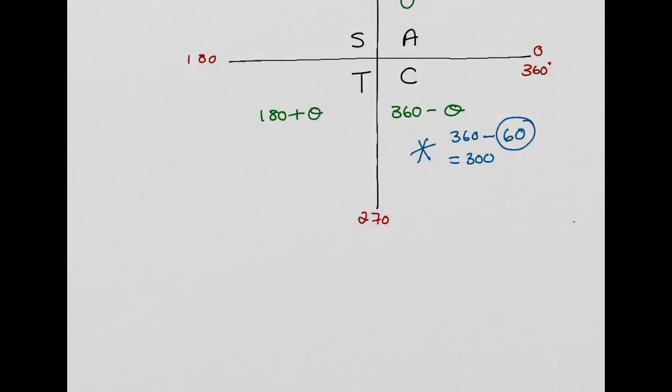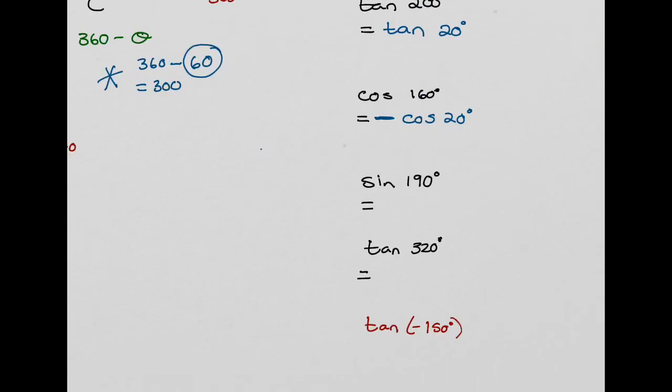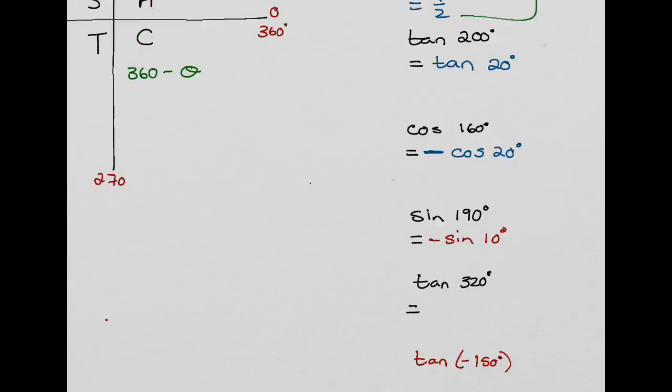So it's got to be 180 plus something is going to get us 190. So it's going to be 10. But because we're in tan's quadrant, a sine graph will be negative between 180 and 270. So sine will end up being negative. All right, so negative sine 10 degrees.